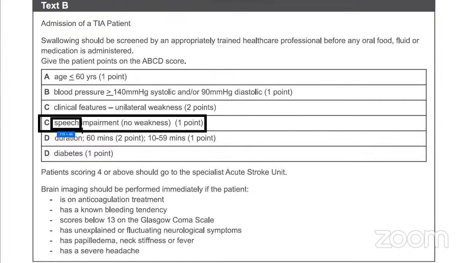That is slurred speech. Slurred is impairment and no weakness. So simple as that. I don't understand why this fellow gave me this easy question. Okay. Slurred speech, no weakness, 1 point. That's it. Then next, question number 12.